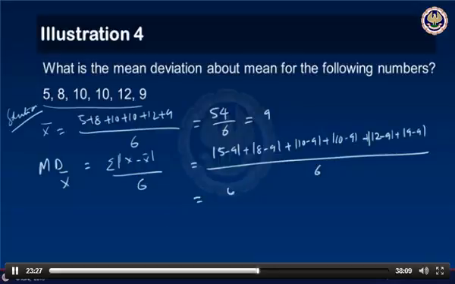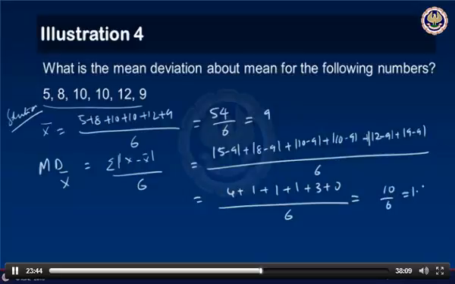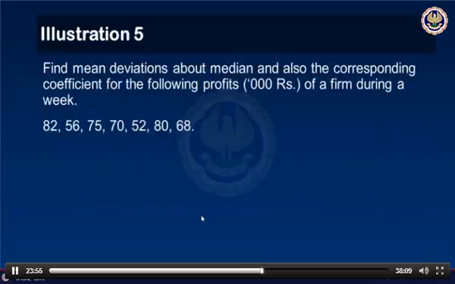That is 4 plus 1 plus 1 plus 1 plus 3 plus 0, divided by 6, which is 10 by 6, which is 1.67. This is the mean deviation about mean.